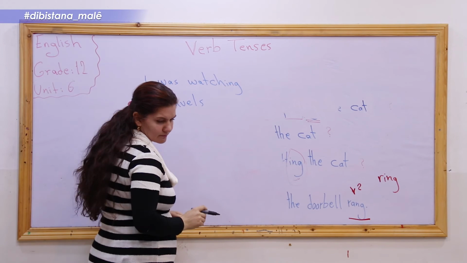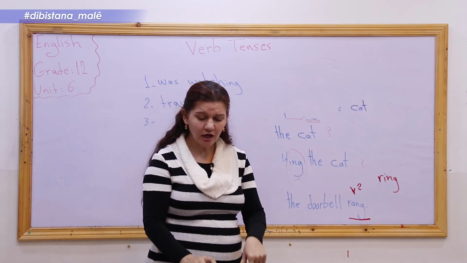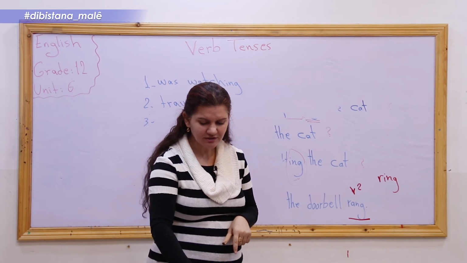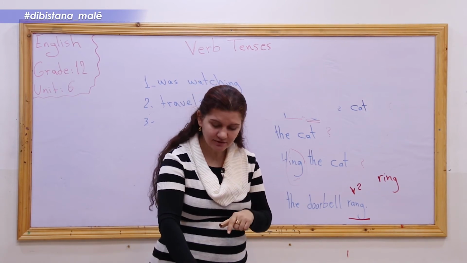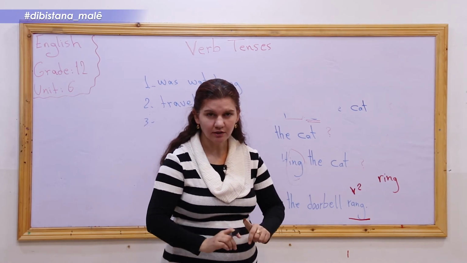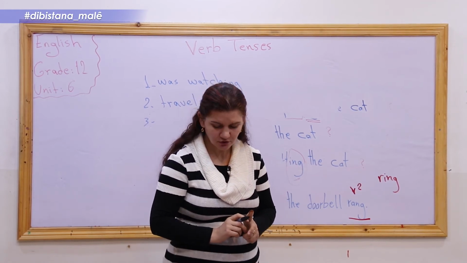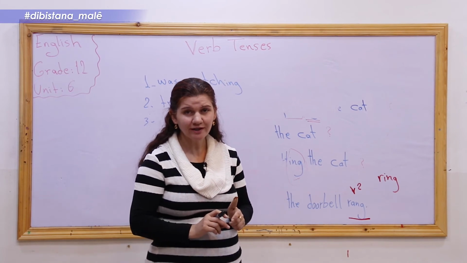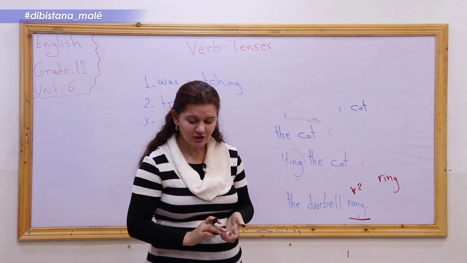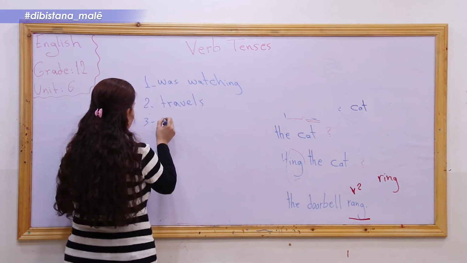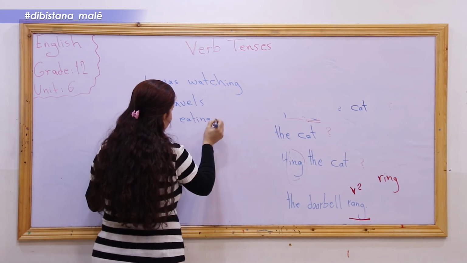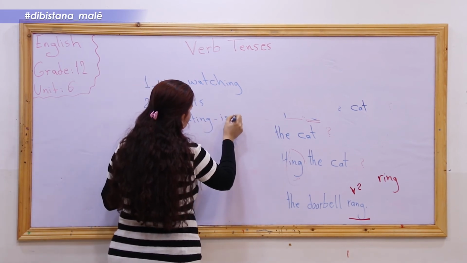Number 3: right now my brother eat dinner and my sister put her children to bed. Right now, so it is present continuous: is eating and is putting.